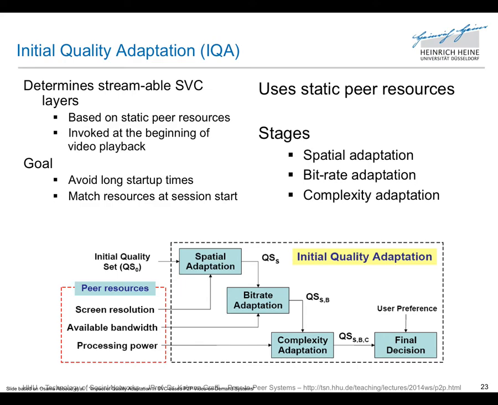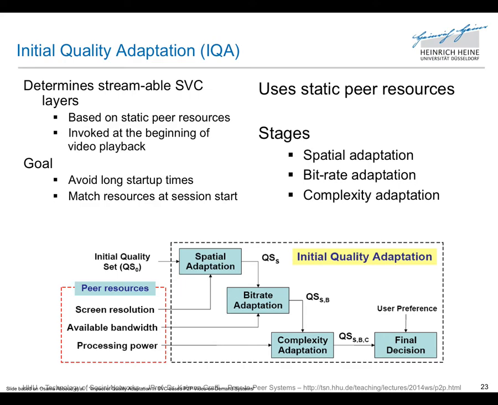For the initial adaptation, you can consider the resolution, the bandwidth, and the processing power that you have. So first you check that if I cannot have more than a specific resolution, then I don't have to go for a bigger quality. And if my current bandwidth is that specific, then I can also identify how much I can maximally go for.